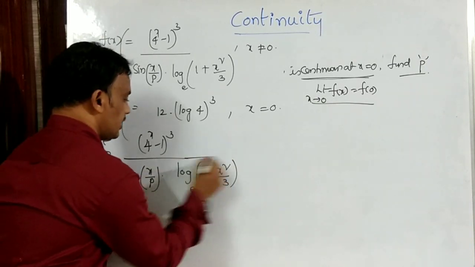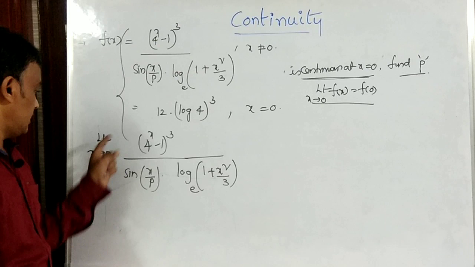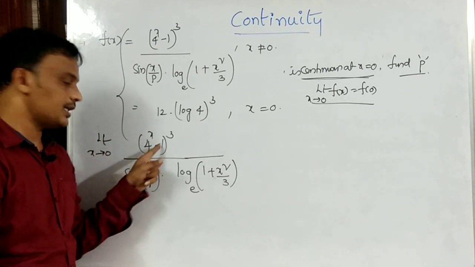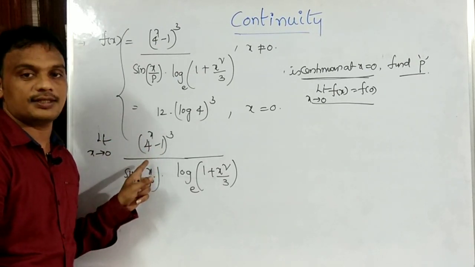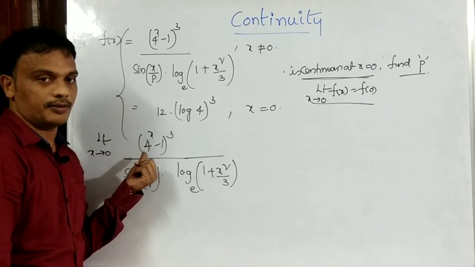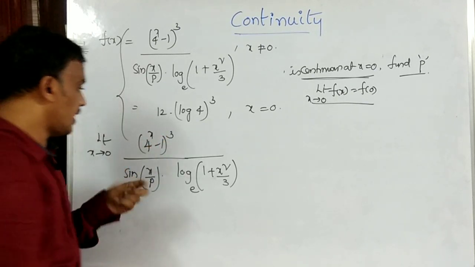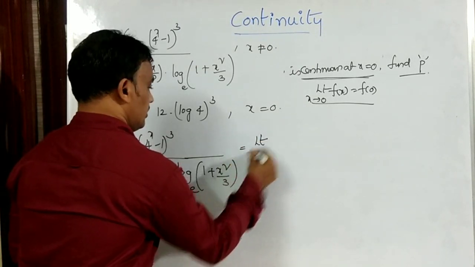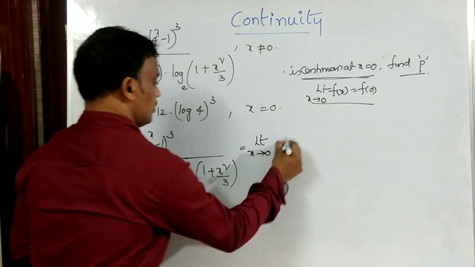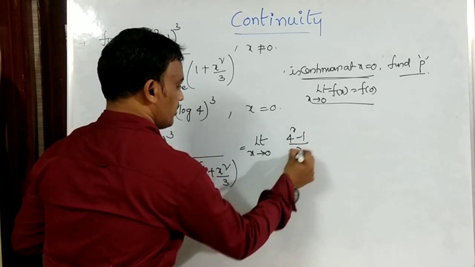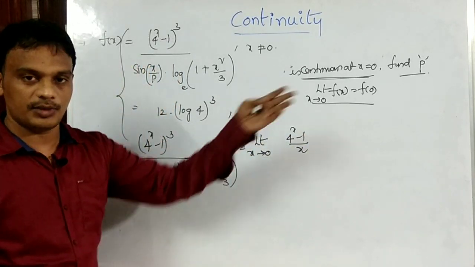Coming to that, our standard formulas in case of limits: limit x tends to 0, (a power x minus 1) by x, there will be a standard formula, and the whole cube is there. Now I am going to write limit x tends to 0, (4 power x minus 1) by x, dividing with x and multiplying with x.